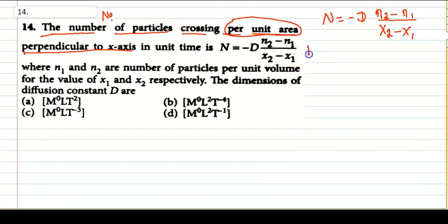Area has dimensional formula L squared, and per unit area means the power is minus. Per unit time means T to the power of minus 1. D is a constant, and n1 and n2 are the number of particles per unit volume, which is L cubed, divided by x1 and x2, which are lengths, L.